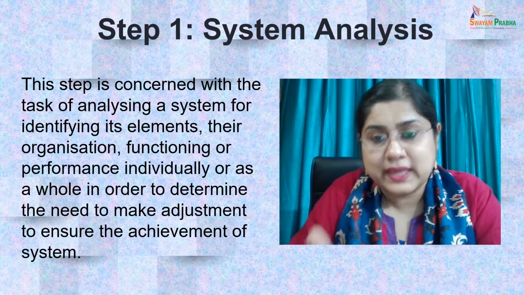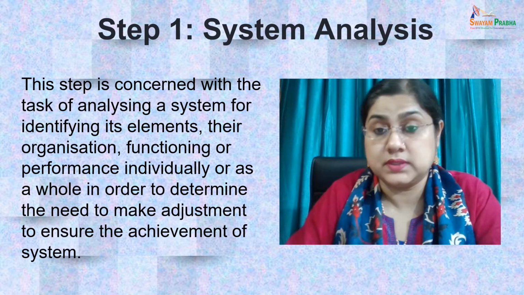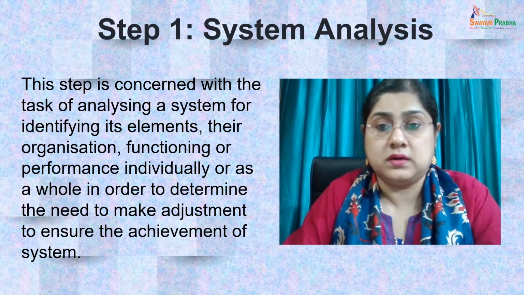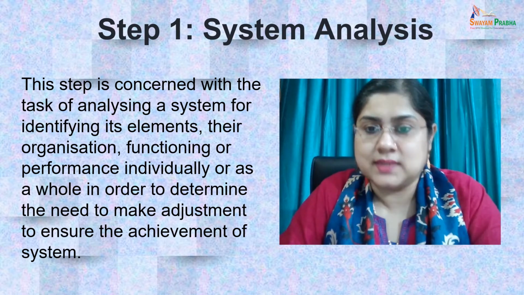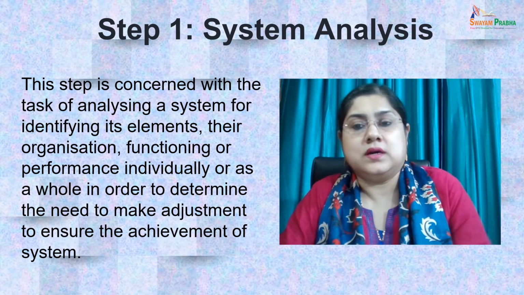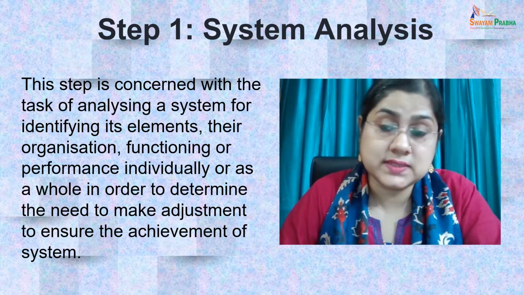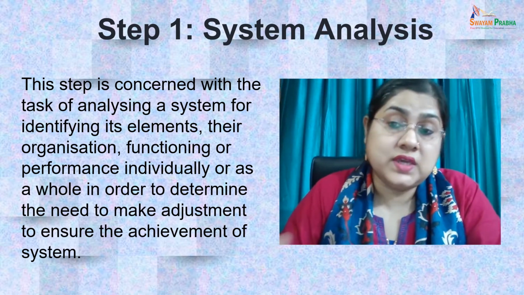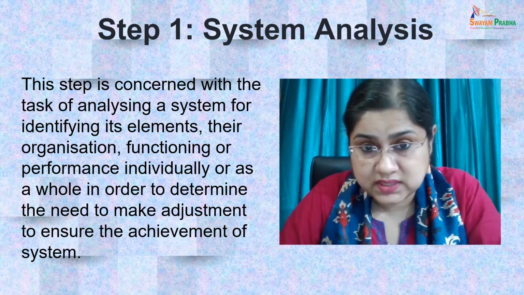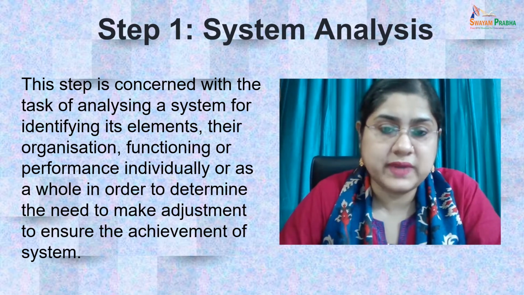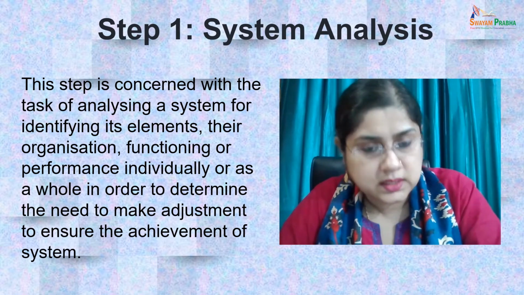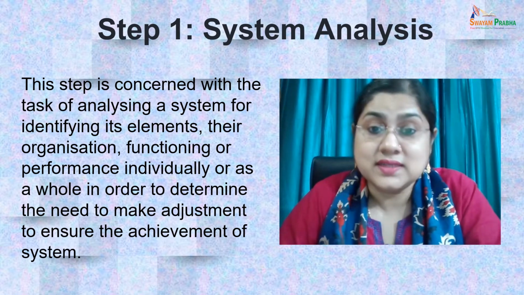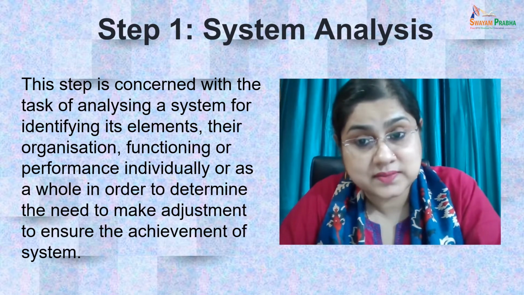So we will be analyzing all these basic tasks, and in the nomenclature of the systems approach, we call them the parameters. And we all know that these parameters are the input, the process, the output, and the environmental constraints.